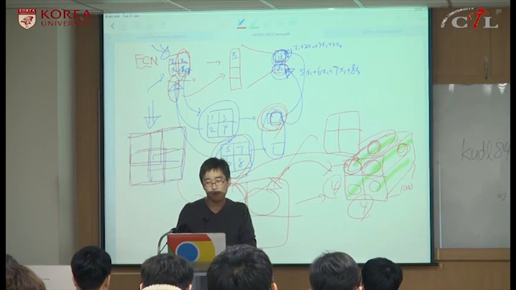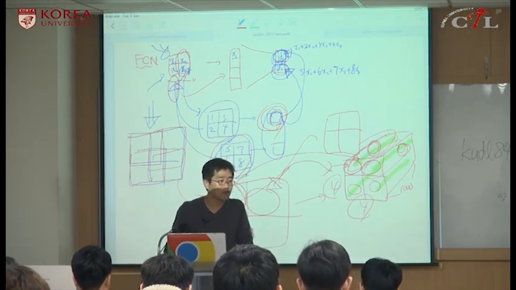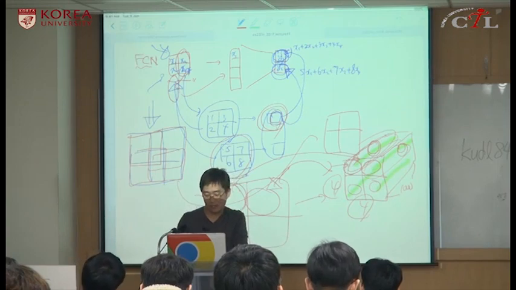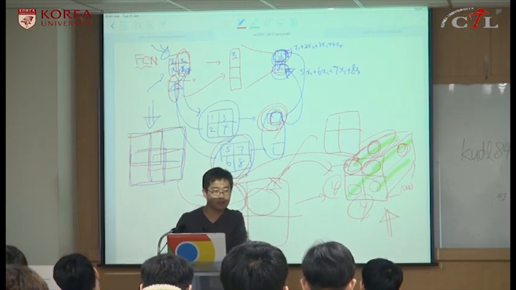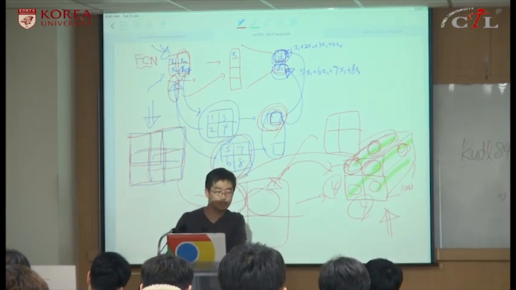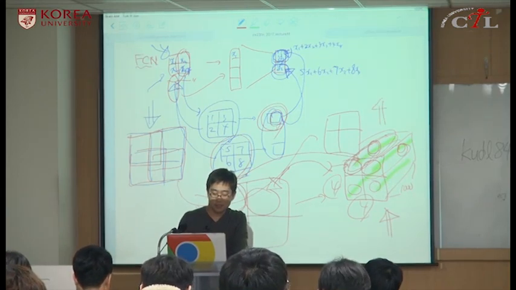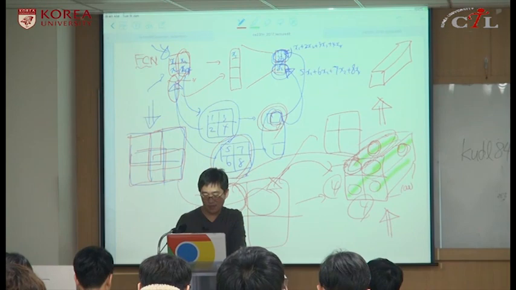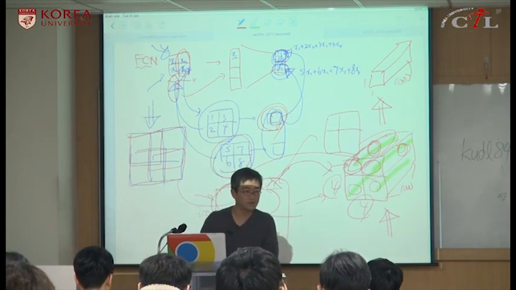So in this case, we typically apply global average pooling on this logit value, to obtain, for example, a 1x1 by 1000 logit value. Okay.